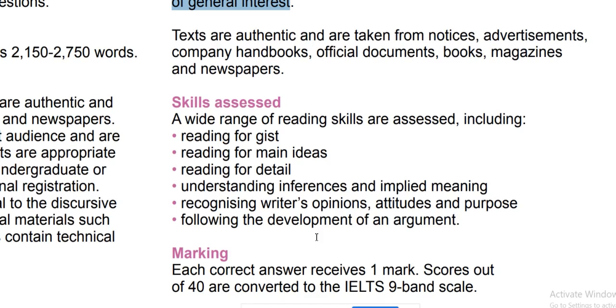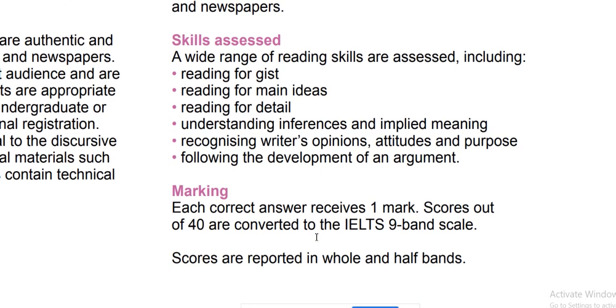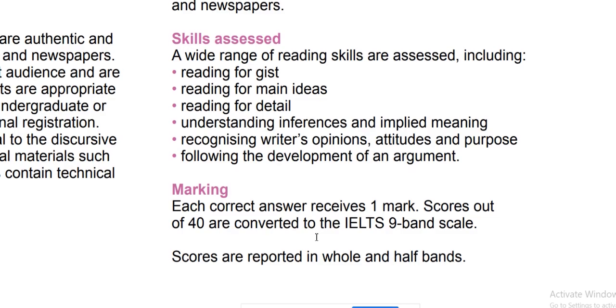So basically they see whether we understand what we read, and whether we can collect the information we need from that text. That is what they are checking in this reading section. Here also we get 1 mark for each correct answer.